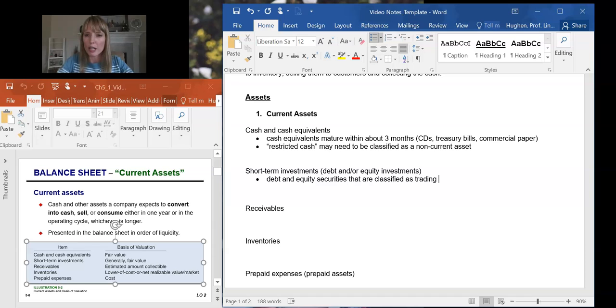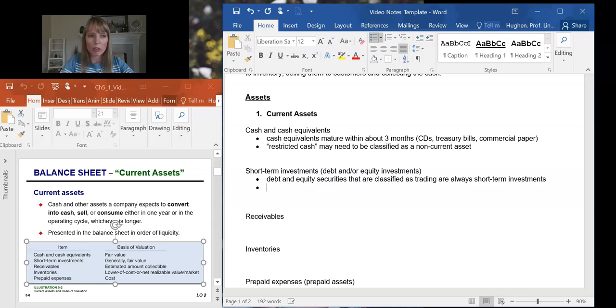When management has that intent, so every time management is purchasing debt and equity securities, they need to determine what is our strategy here? What is our intent? And if that intent is for trading or quick sales, they are always recorded as short-term investments.